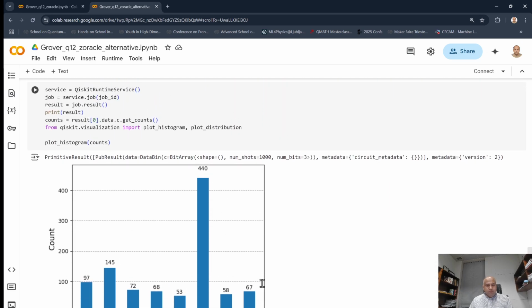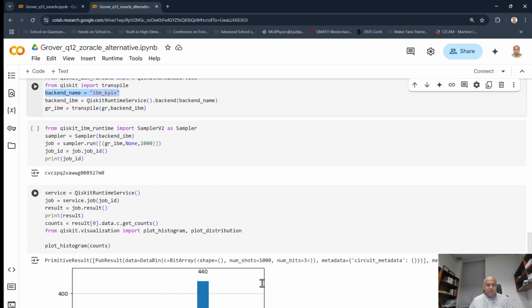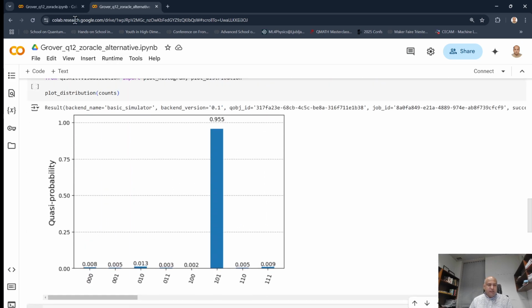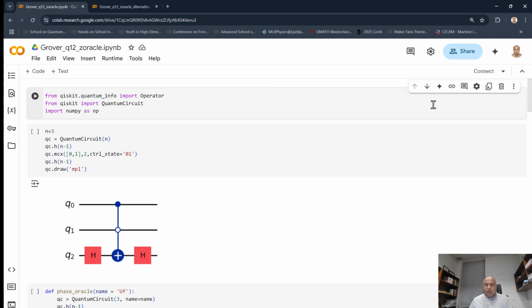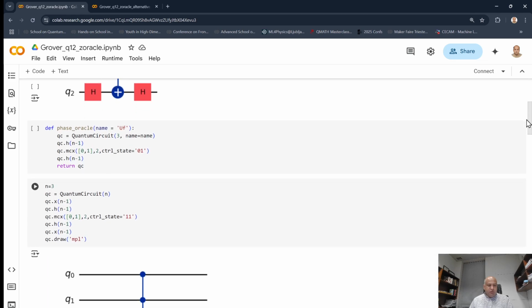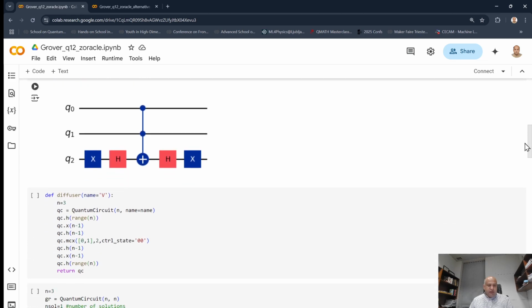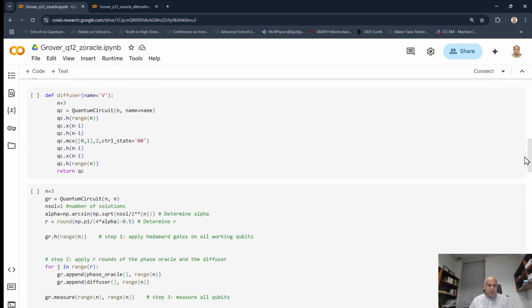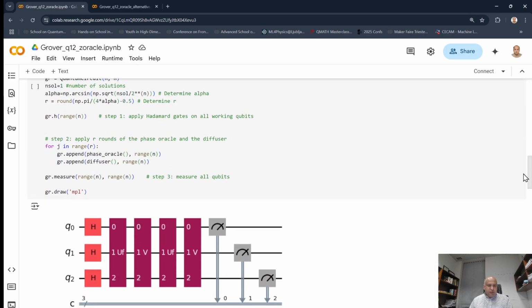Okay, so one more thing, and that is that you can use another function from Qiskit, which is dot append.